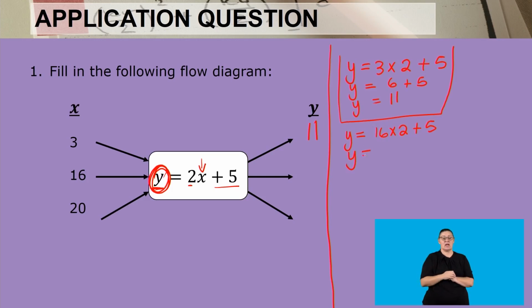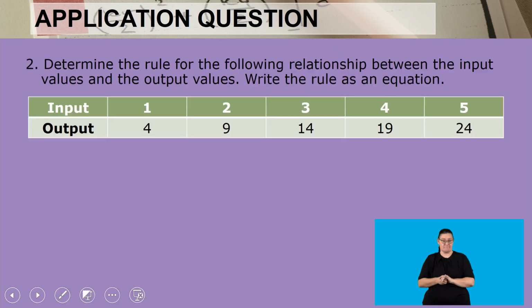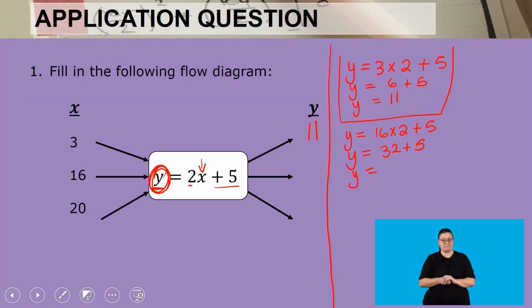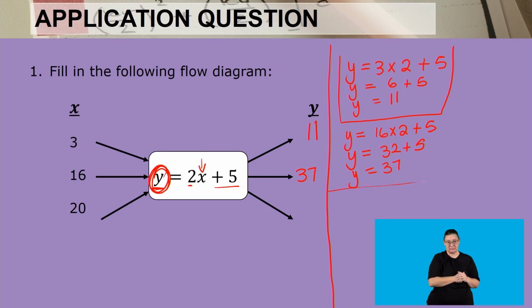Now, 16 multiplied by 2 is, of course, 32, and we are going to add 5 onto that. So 32 plus 5, that is going to give us an answer of 37. So that is our second output value there, if the input value is a 16.